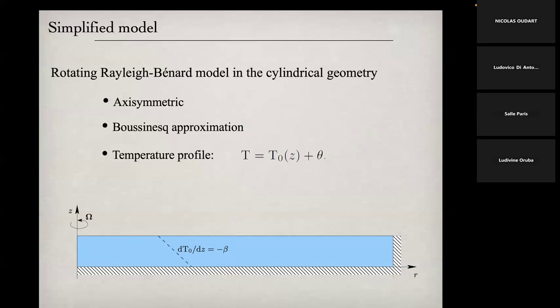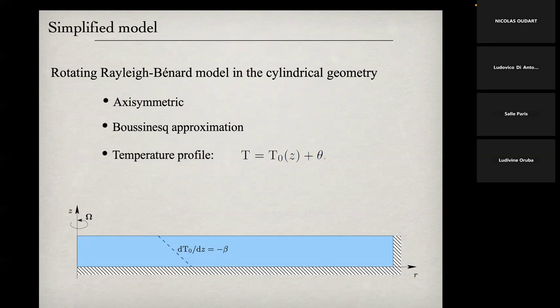It is a model which is axisymmetric. It is written in the Boussinesq approximation, which means that the density of the fluid is considered as constant except in the buoyancy term. And concerning the temperature profile in the model, it corresponds to a stationary reference profile, T0(z), which corresponds to a negative vertical gradient.